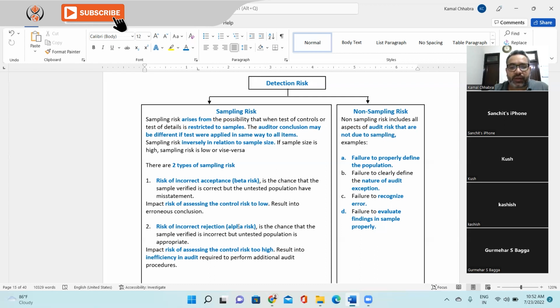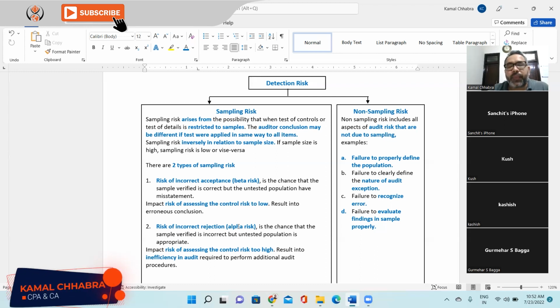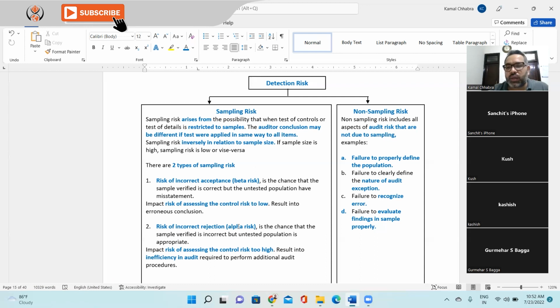So this impacts the risk of assessing the control risk as low. Because you have tested a certain sample and you have not found any mistake. In that scenario, your conclusion on the control risk will be low, right? Make sense? If your control risk is low, then your sample for the test of detail will also be low, right? Make sense?